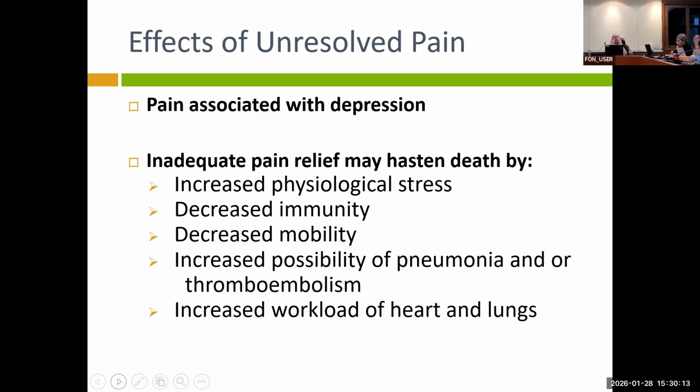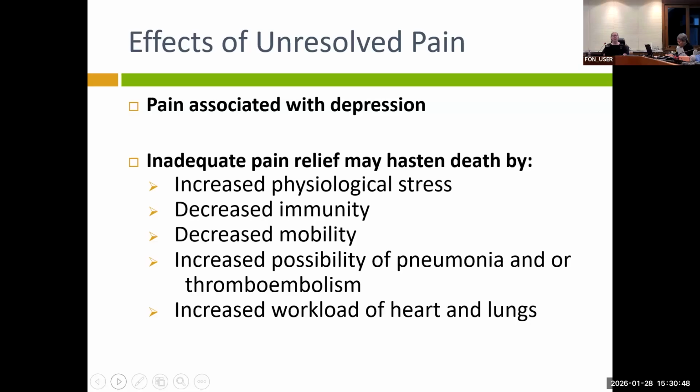Some of the things that we may want to talk about when we're providing the pain education is share a little bit about the effects of unresolved pain. If we have unresolved pain, i.e., if we don't treat the pain, often what happens is that they have more depression. And inadequate pain relief may hasten death by increasing, like I said, the stress on the body.